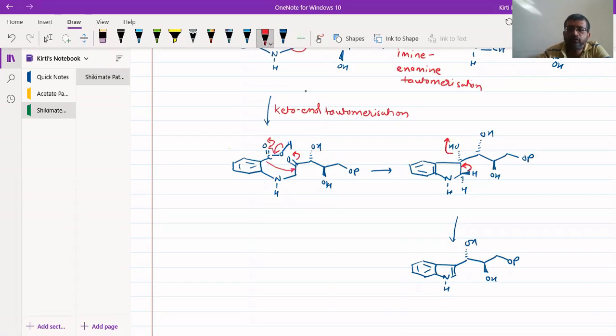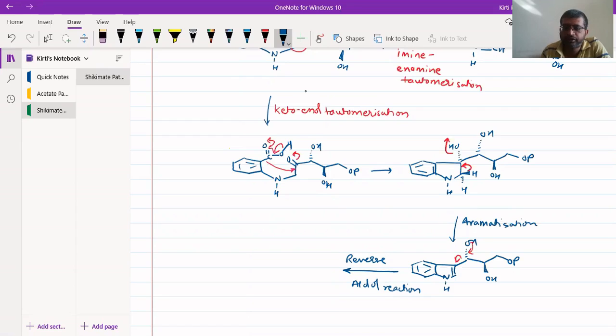Now it undergoes a reverse aldol reaction, where we will have breaking of this carbon-carbon bond from here. This was an aromatization reaction or dehydration.